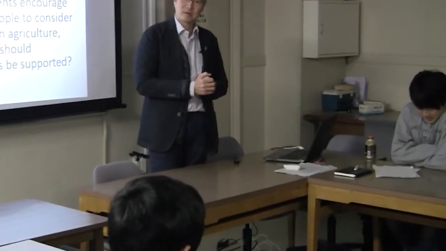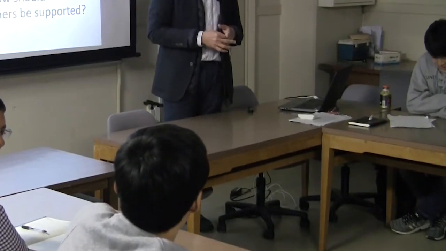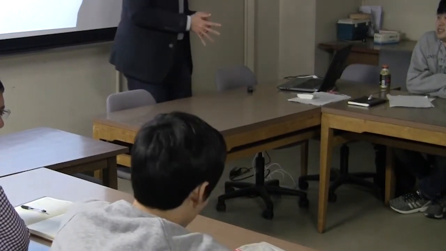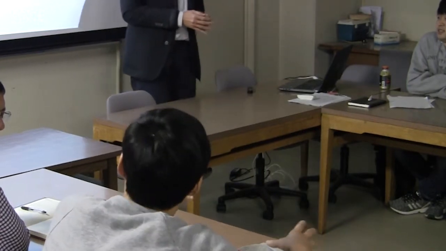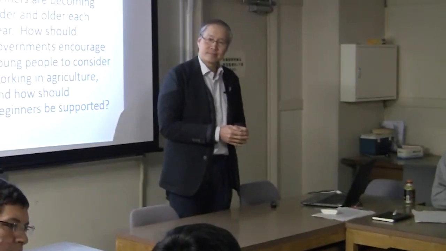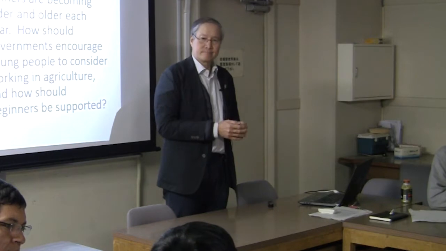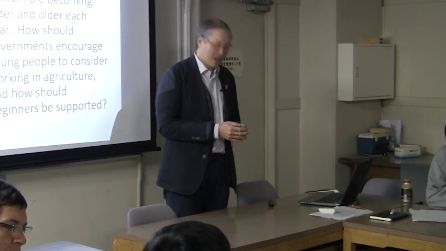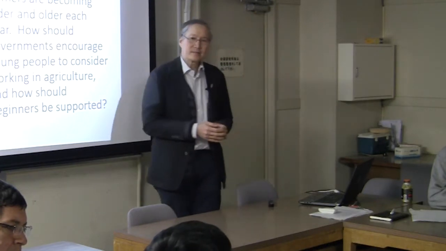Well, he already mentioned that Japan imports many kinds of food from other countries. But the Japanese farmers want to sell their production. There is a price comparison between the Japanese production and the foreign products.